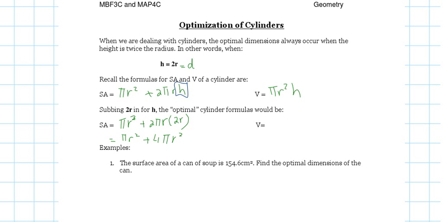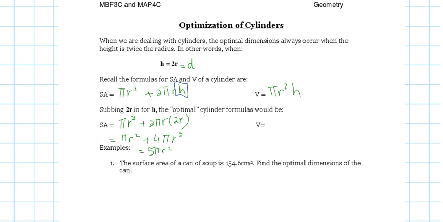What's pi r squared plus 4 pi r squared? I can add them together because they have the same units, right? That's pi r squared, and this is 4 pi r squared, so that's going to equal 5 pi r squared.